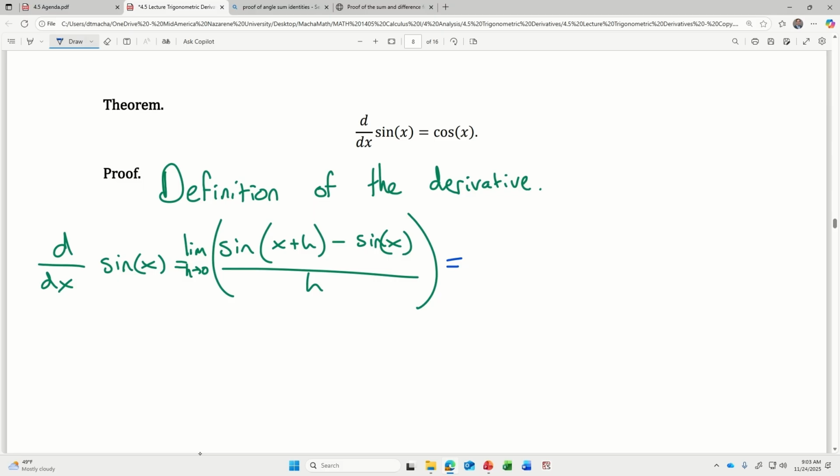Then we are going to have to use a trig identity. The trig identity I'm thinking of is the angle sum identity for sine, which is going to be sine of x times cosine of h plus cosine of x sine of h.